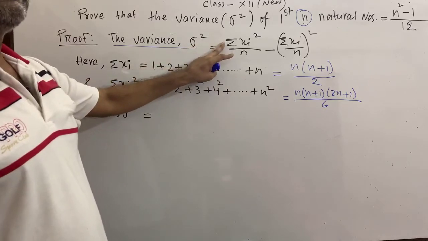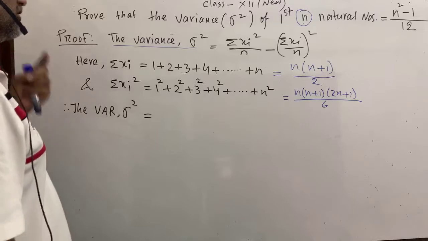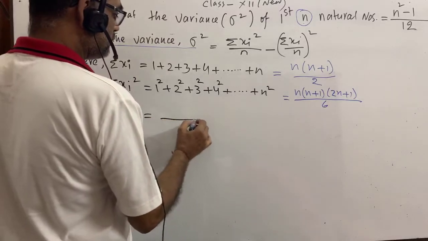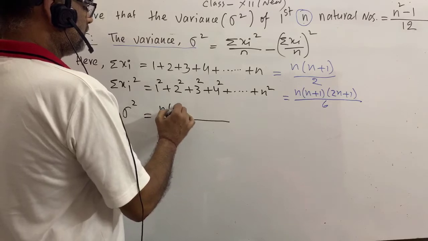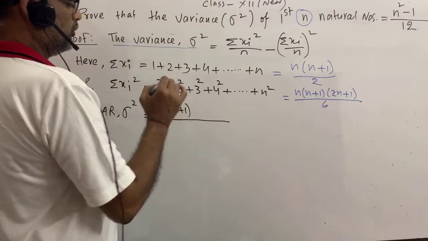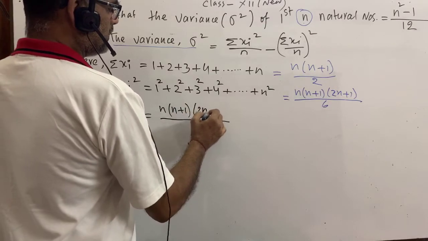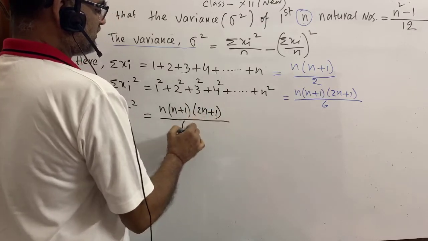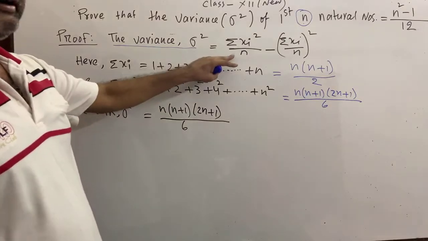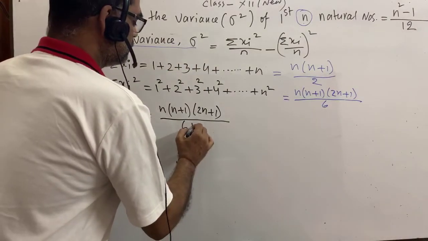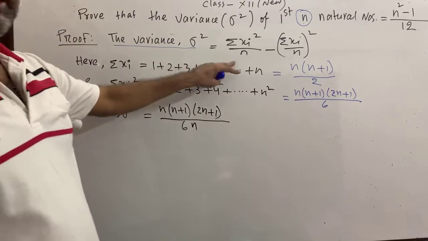Here we put n into n plus 1 into 2n plus 1 by 6. But there is n here, so this n will be put here: 6n.